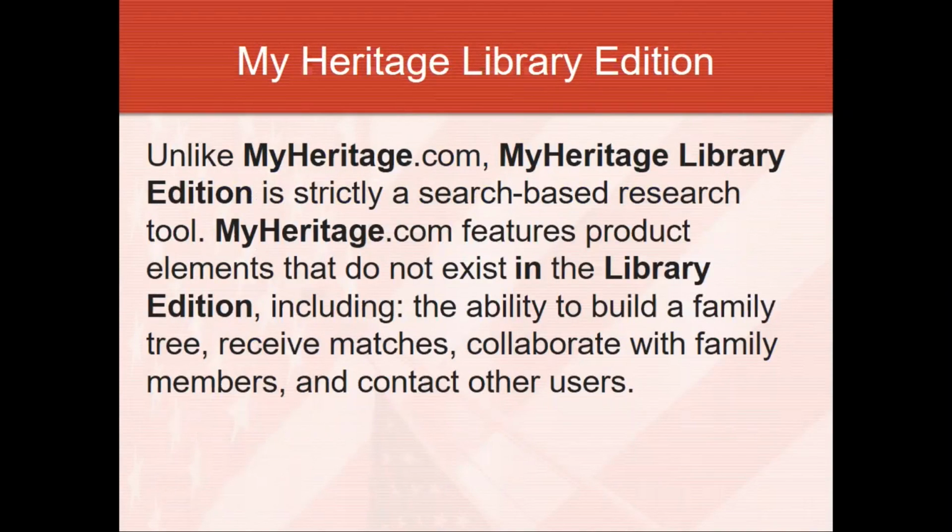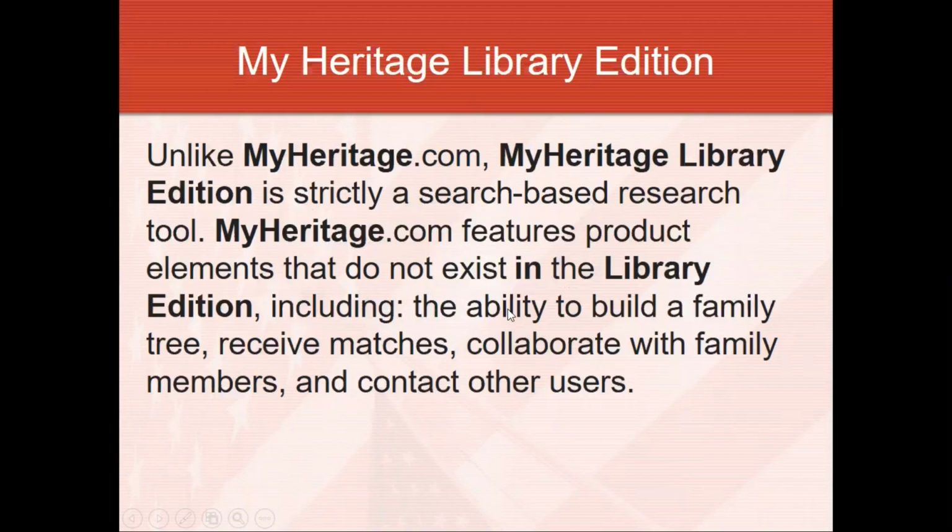My Heritage. According to what I read, because I haven't researched it very much, My Heritage Library Edition is strictly a search-based research tool. That means that you cannot add any information of your own.